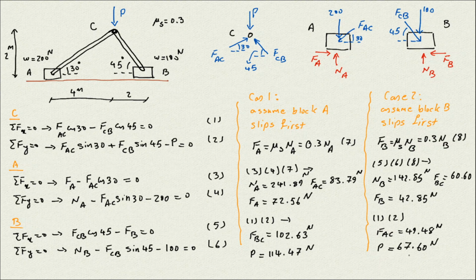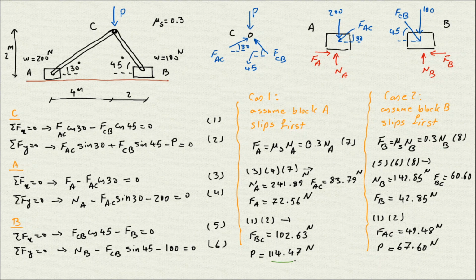If we compare this P with the previous P, we know that this one is the smaller one. So basically block B is the one that slides first, the one that starts to move first, and therefore the maximum value we can use for P would be in this case. If you compare these two, the maximum is going to be the minimum of these two.